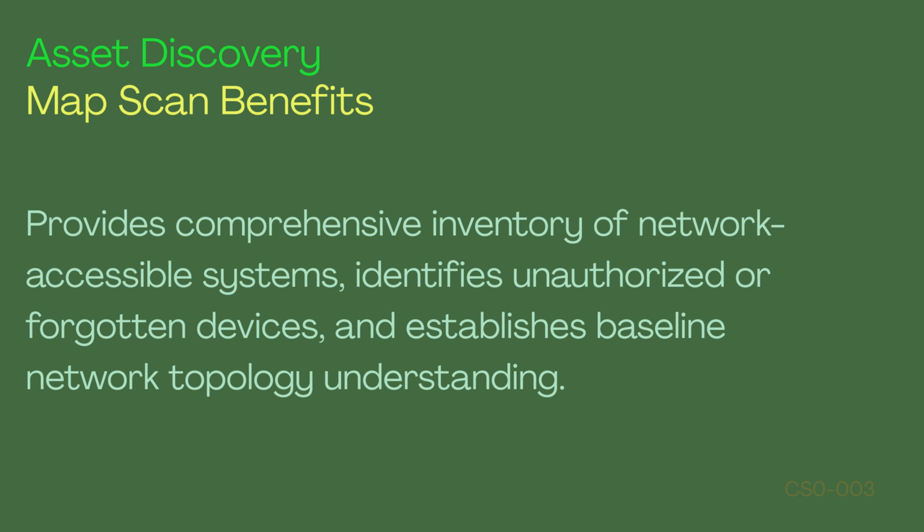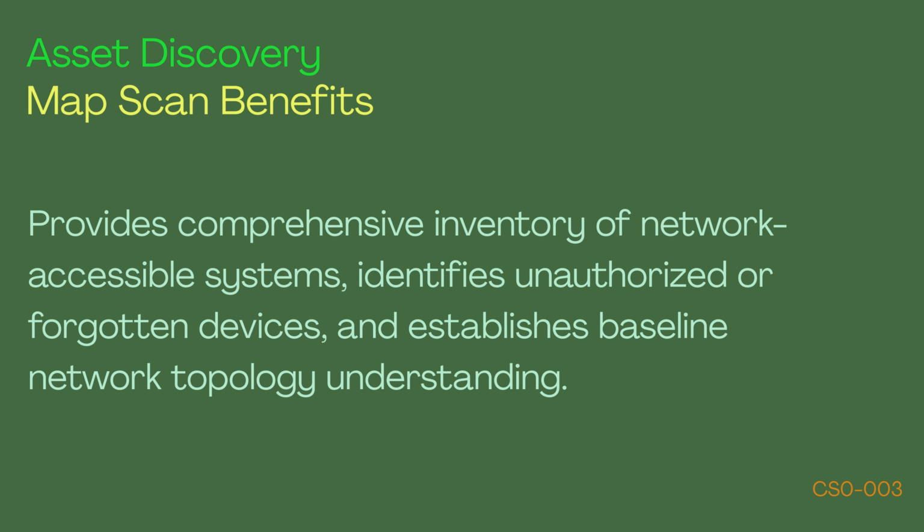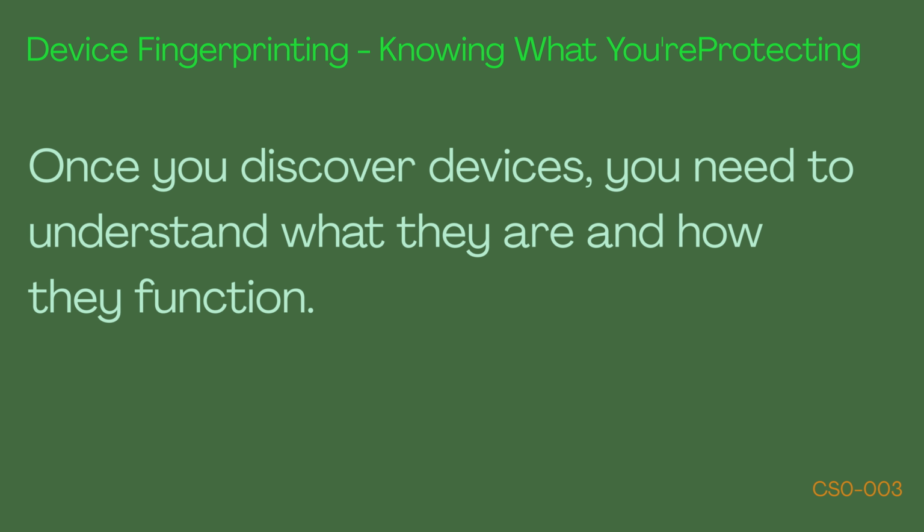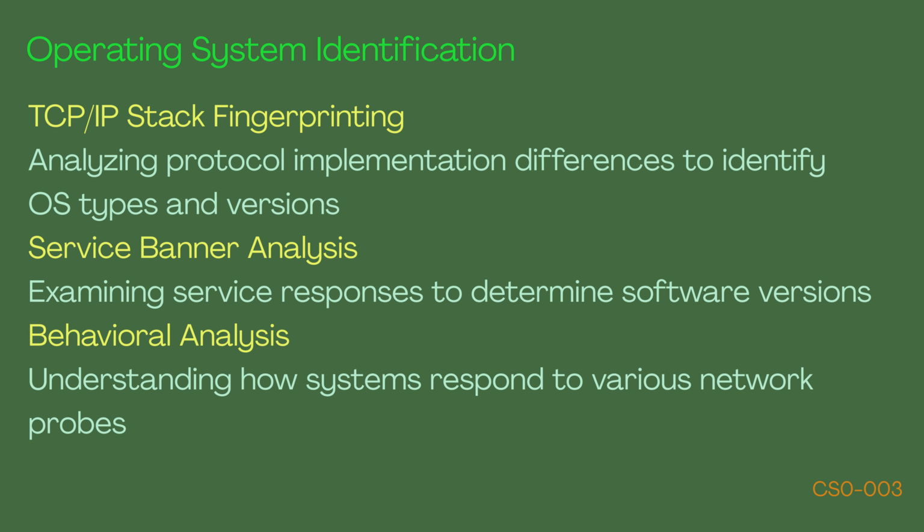Map scan benefits include providing comprehensive inventory of network accessible systems, identifying unauthorized or forgotten devices, and establishing baseline network topology understanding. Once you discover devices, you need to understand what they are and how they function. For operating system identification, you have TCP/IP stack fingerprinting, service banner analyses, and behavioral analyses.